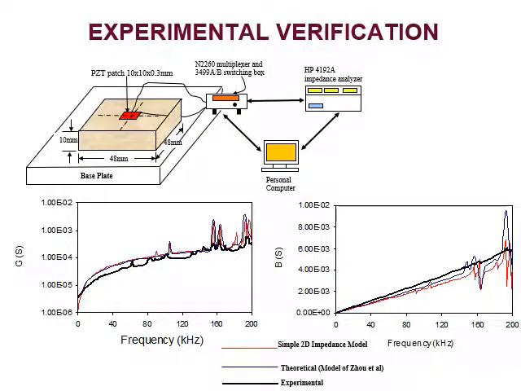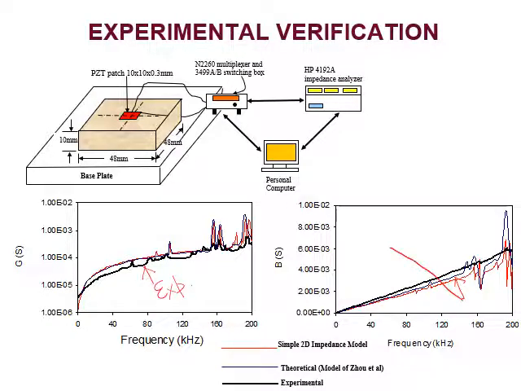Now we show you the experimental verification here. What we are showing here are three different signatures. This black one is the experimental signature. Then the blue signature, you can see in both the real part and the imaginary part; I am just highlighting the imaginary part.